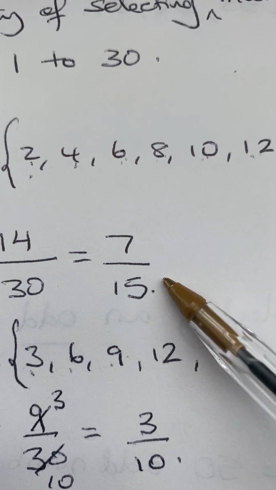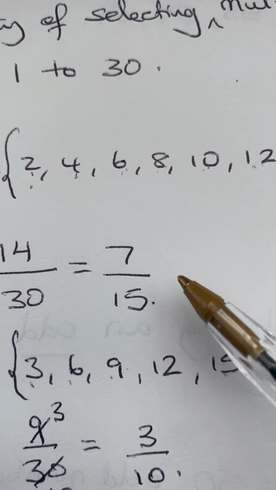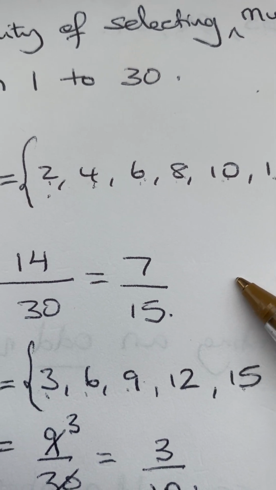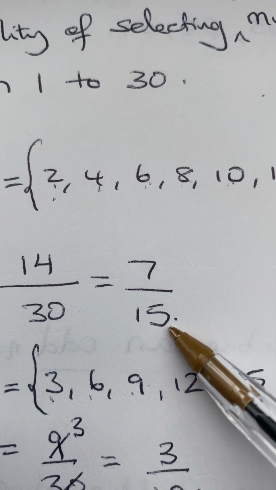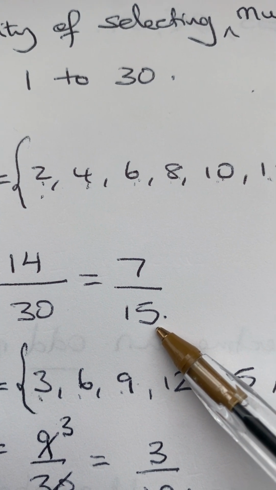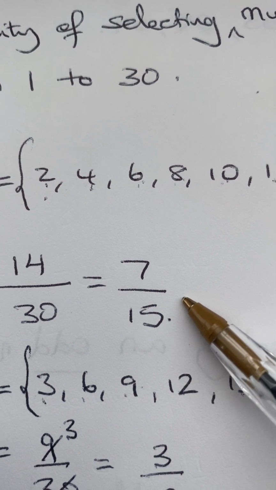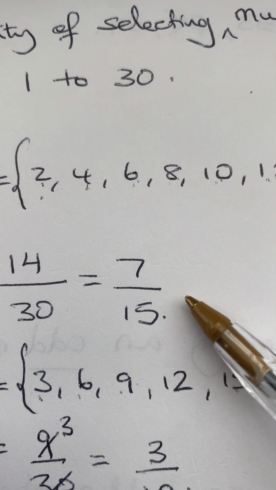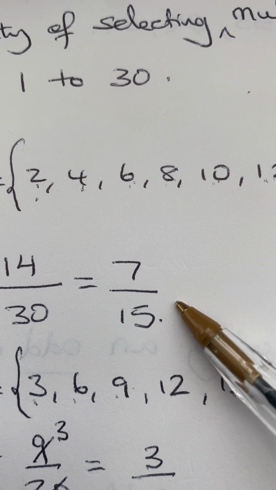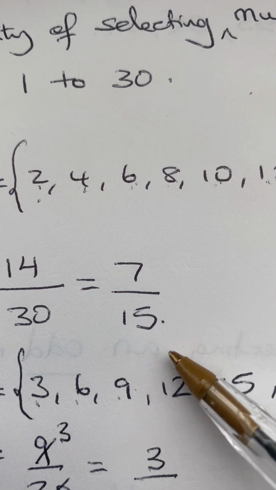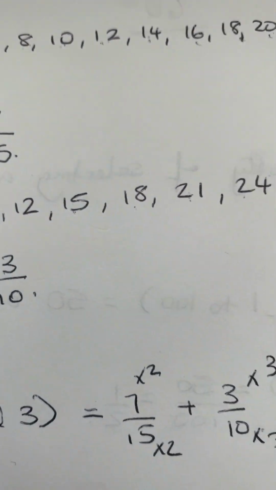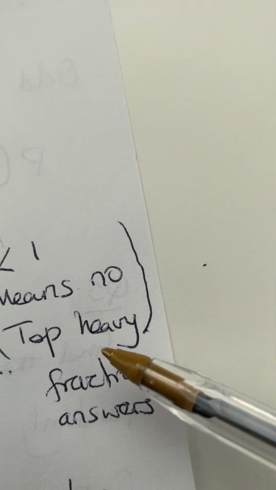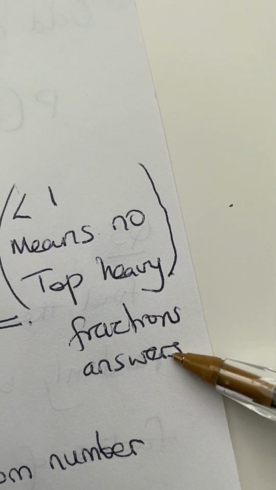Note, because probability answers cannot be greater than 1, assuming we got 15 out of 7, then that might have to raise an issue for us, because it is always less than 1. So we cannot have top heavy fraction answers.